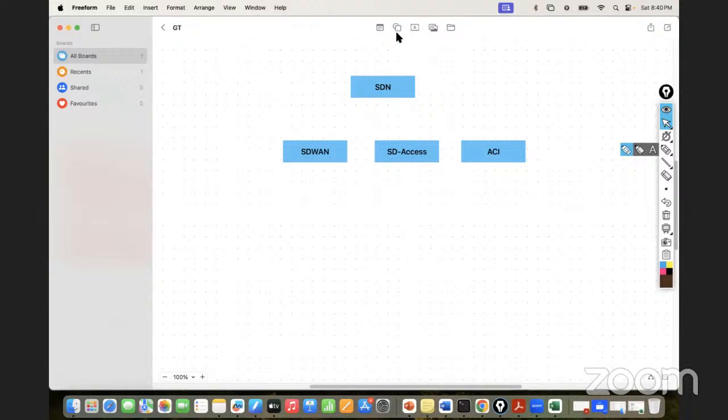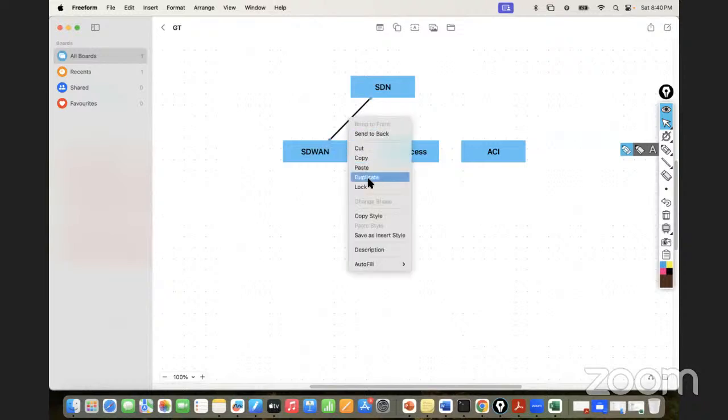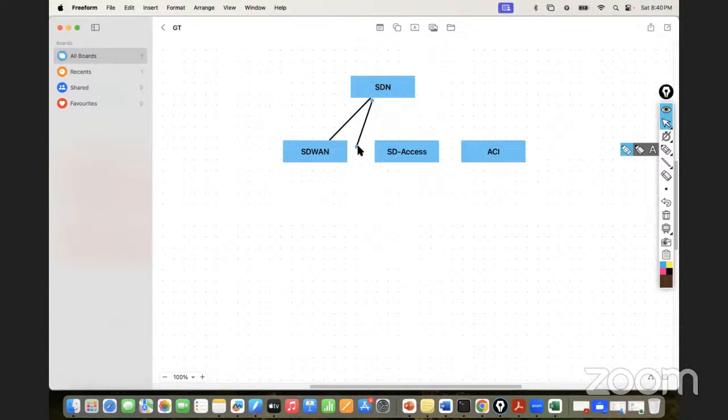So SDN has these three. Let me put all three together.